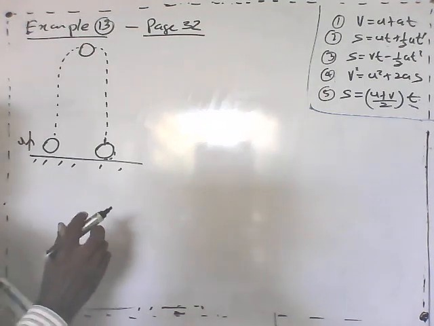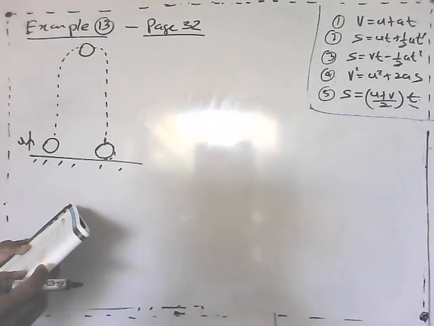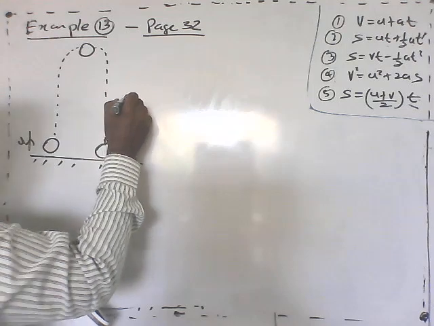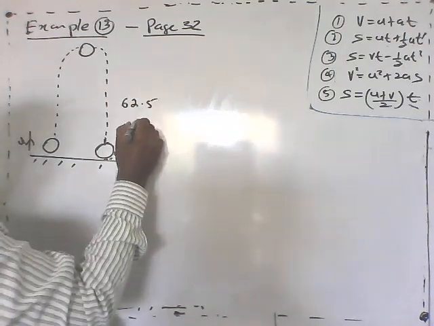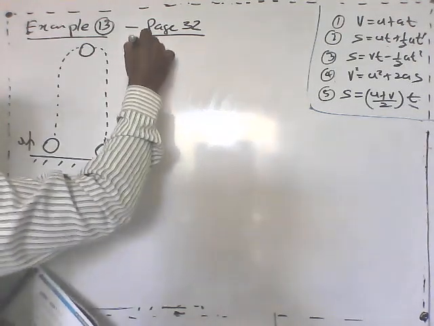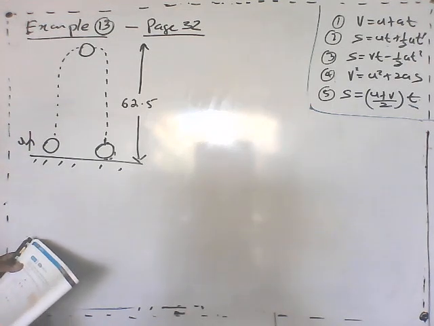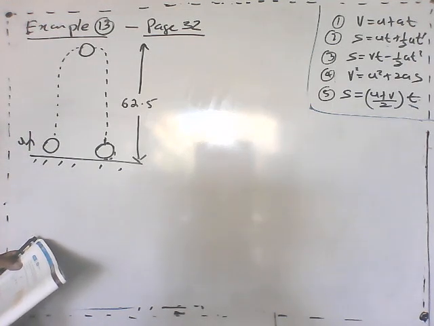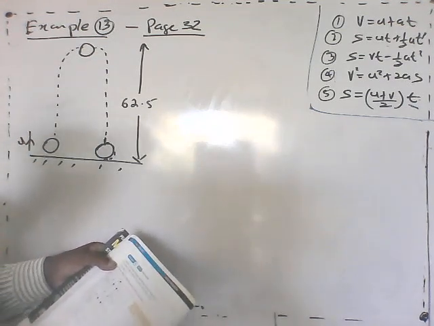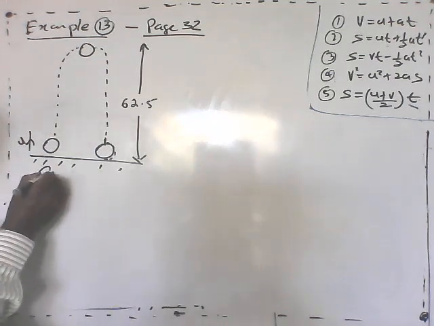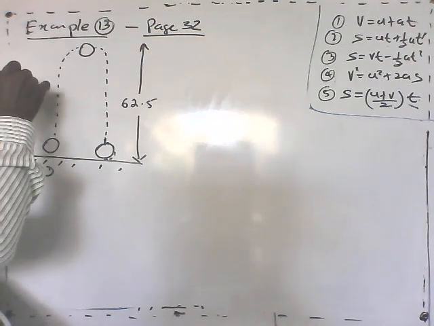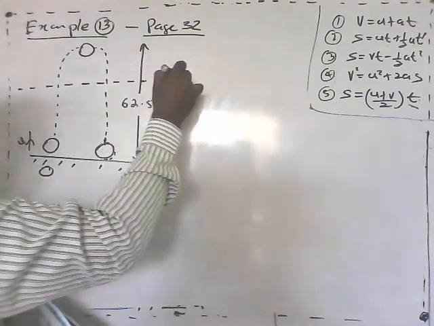So here we say 62.5, and just see the value of u. Part B asks for the total time for which the particle is 50 meters or above O. So this is O, and they are talking about a level of 50 meters.